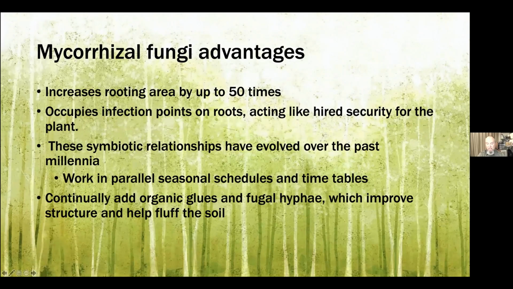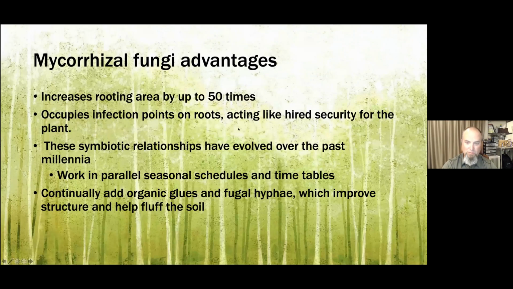If you can think of my arm as a cell, and right where that bump in the elbow is where a fungal association could happen. If it's the beneficial mycorrhizal fungi, it's occupied it. So when a pathogen enters, there's not a spot for it to occupy, and it acts like hired security for your roots. Very beneficial in that you're now not just helping feed your tree, but you're preventing it from getting disease and sickness at the same time.